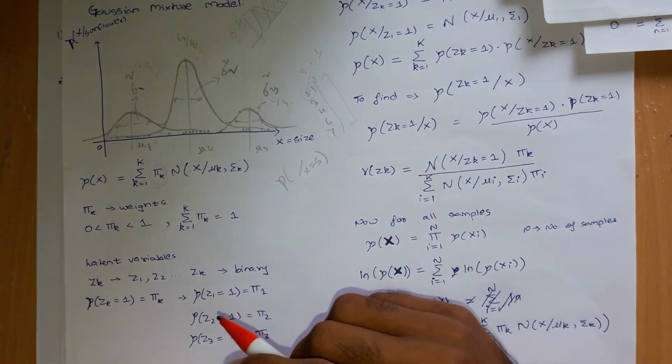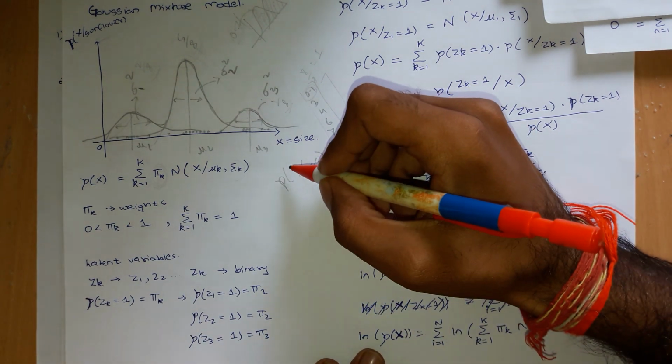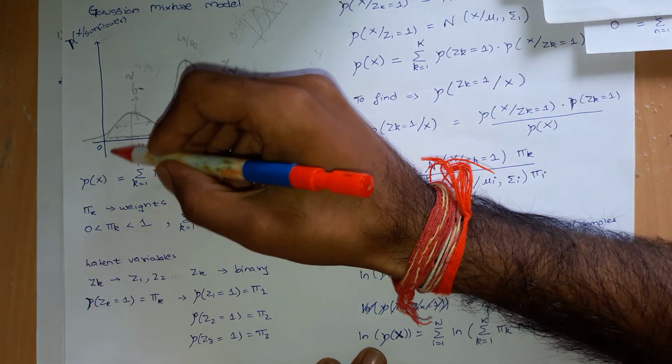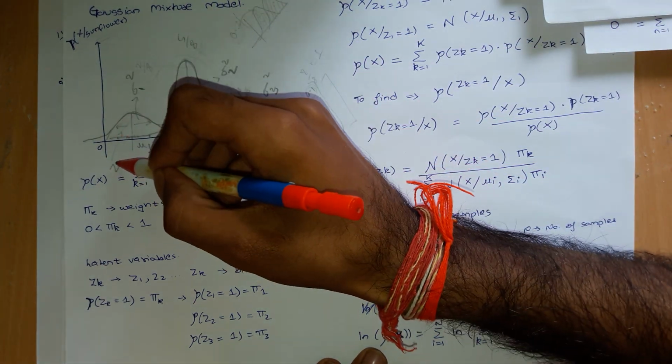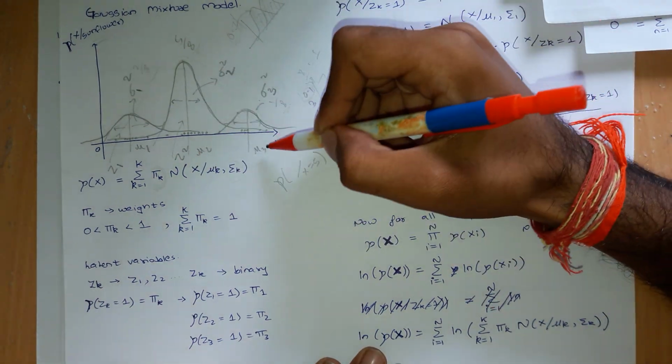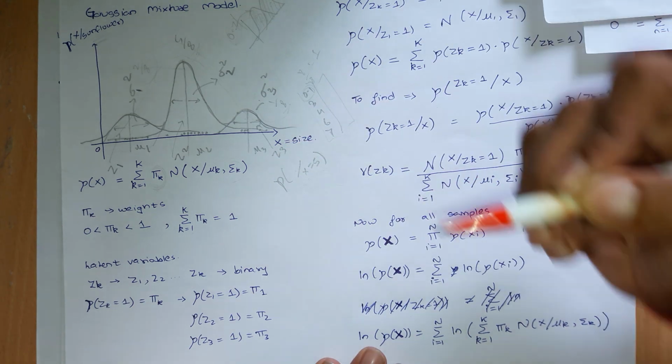So what I'm going to do is denote every Gaussian with one variable. I'm saying that this Gaussian is variable z1, this Gaussian is variable z2, and this Gaussian is variable z3.